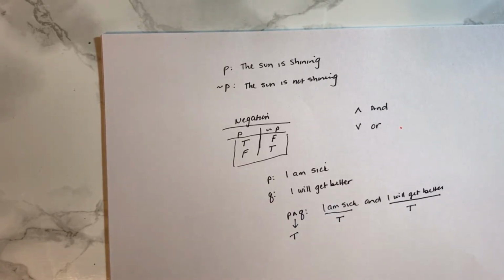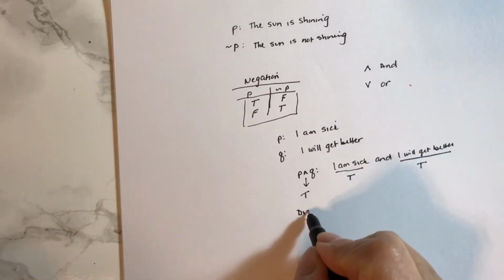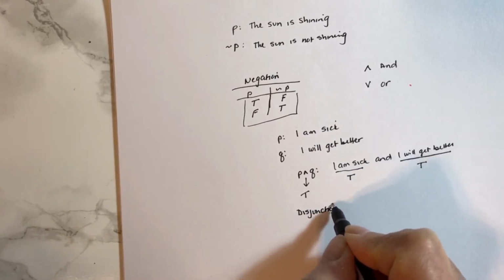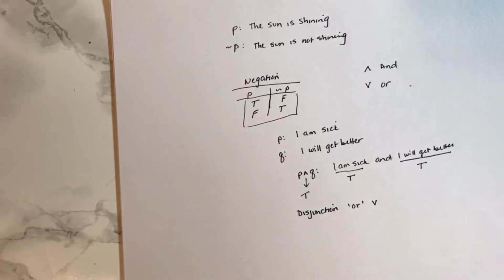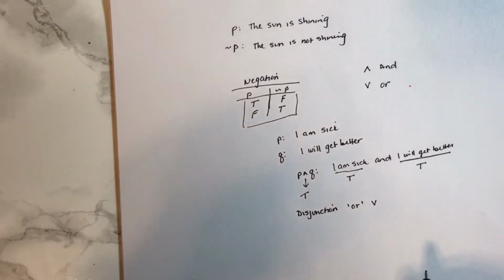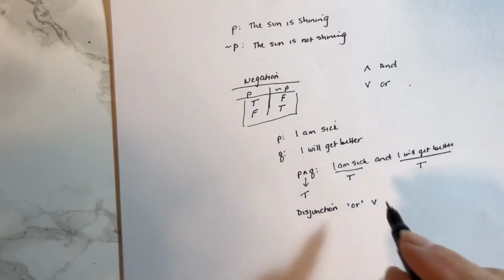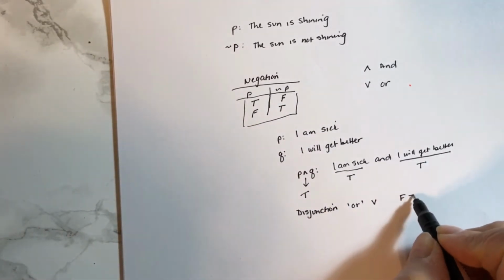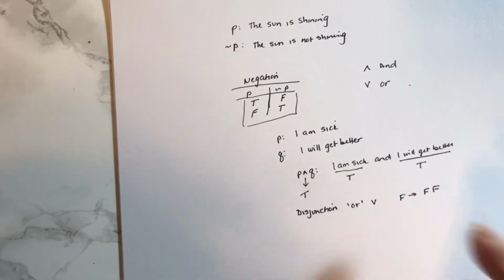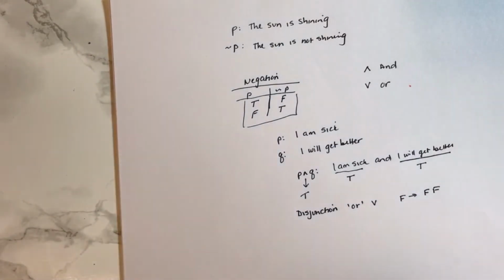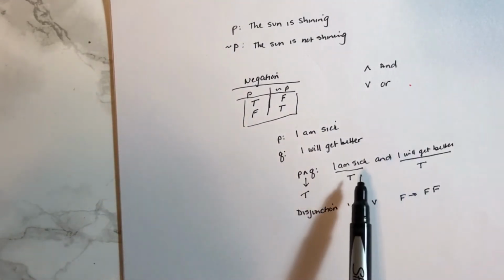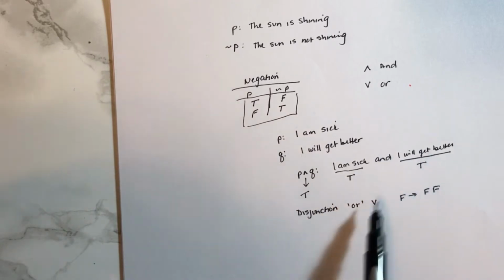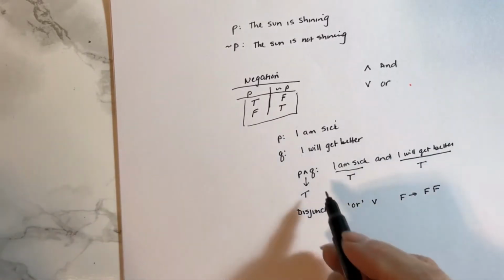And with the disjunction, denoted by the word or, right? We use the word or, this little V symbol. The only time it's false is if both statements are false, okay? So the only time a disjunction is false is if P is false and Q is false. Otherwise, no matter what combination you have, it's going to be true. So, if this is true and that's true, then for disjunction, let me just write it out.